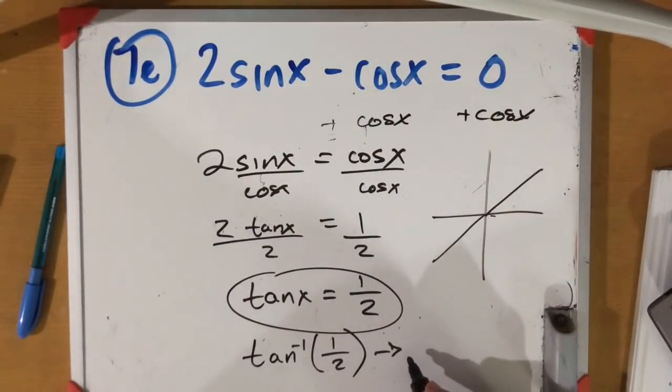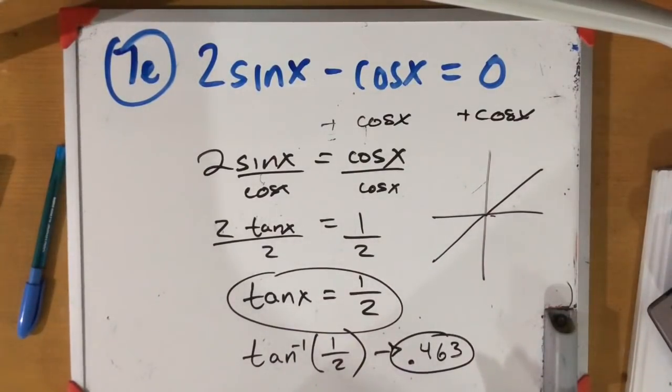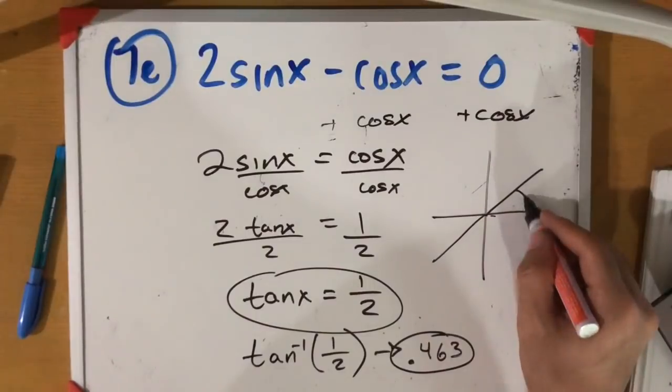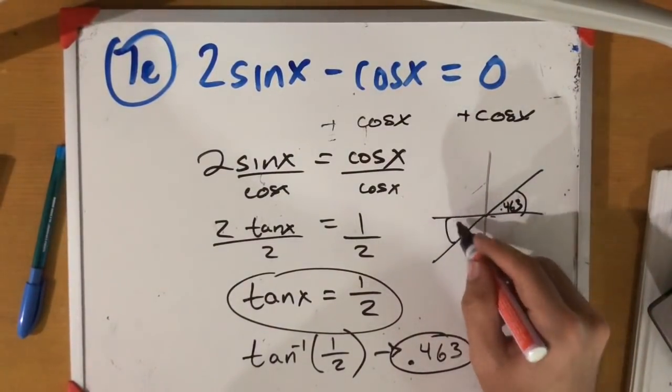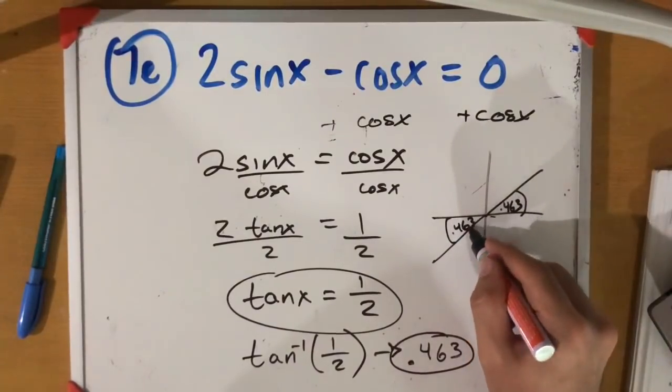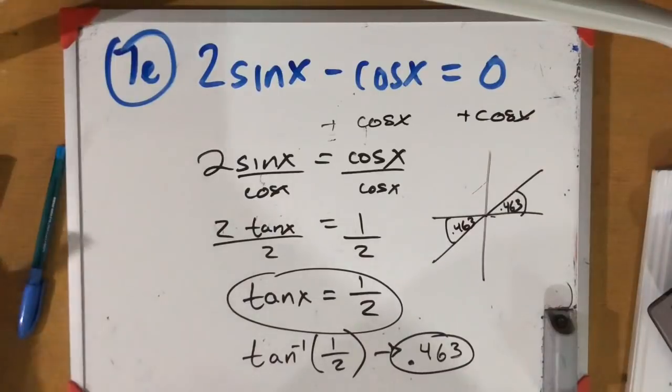Okay, so I figured out the arctan of 1 over 2 has the base angle of 0.463. So the base angle here is 0.463, and the base angle here is 0.463. We just have to figure out what these exact angles are.